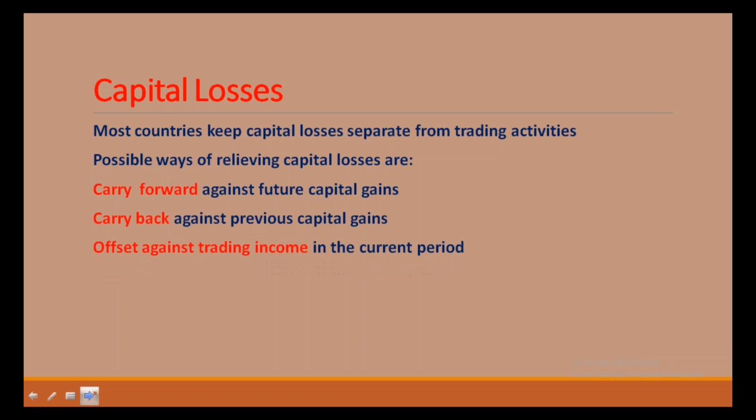In rare situations, it will be allowed to offset against the trading income in the current period. You remember our accounting profit, we showed a profit, and there may be a capital loss in the same period. Generally, it is not allowed, but under rare circumstances the examiner might say it is allowed to set off against the current trading profit, because otherwise the trading profit and the capital profit are two different sources of profits. They are not supposed to be set off against each other.